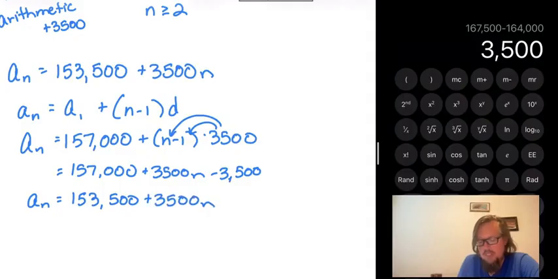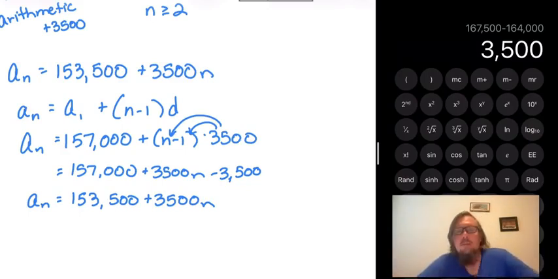And so you end up with the same thing as you do with the slope-intercept form. Whatever you like best is fine with me. Use the one you're most comfortable with. But either way, this is how you would write the explicit formula and the recursive formula. And so that's how you would get both formulas from the same set of data.